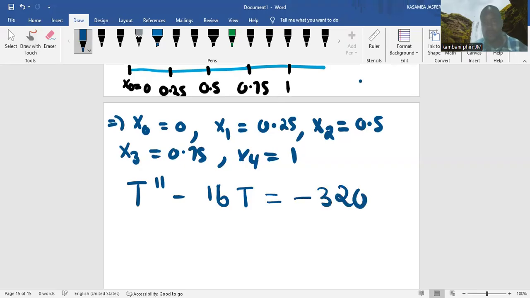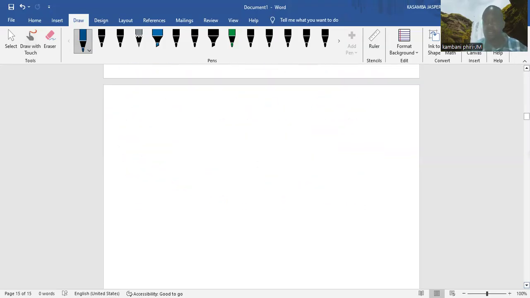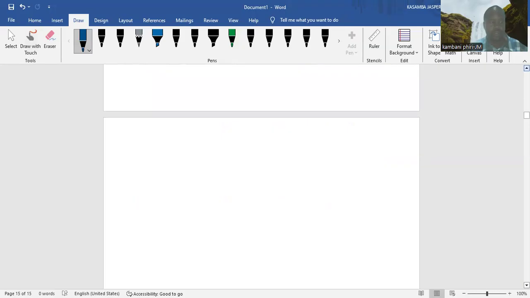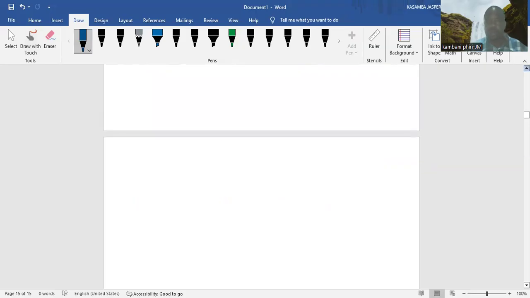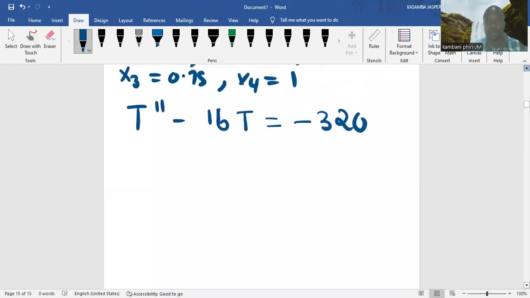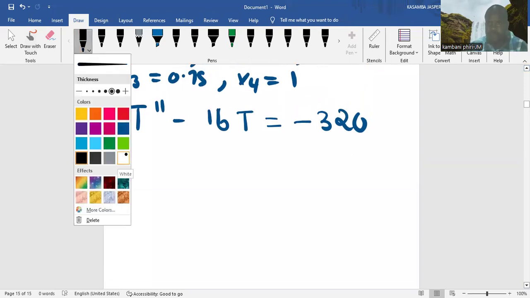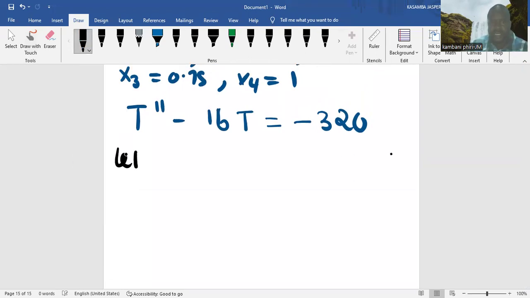This is what we wrote. So we are going to say let T double prime minus 16T be equal to 0 for now, and deal with this as a homogeneous differential equation.